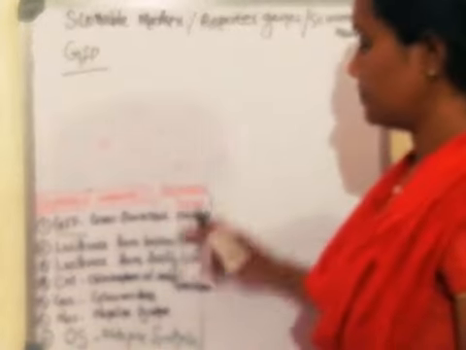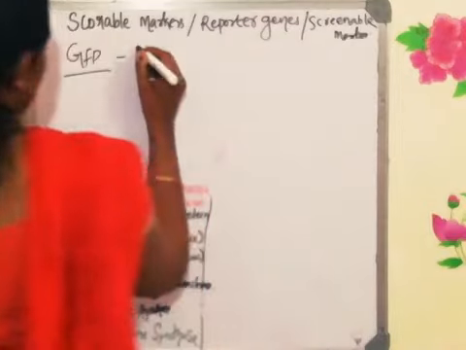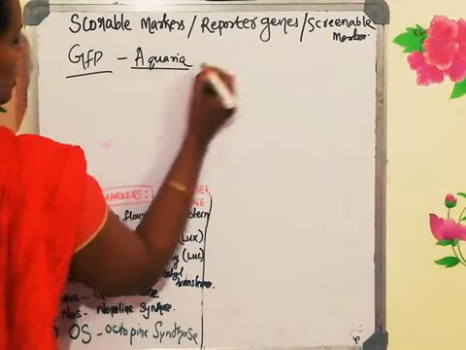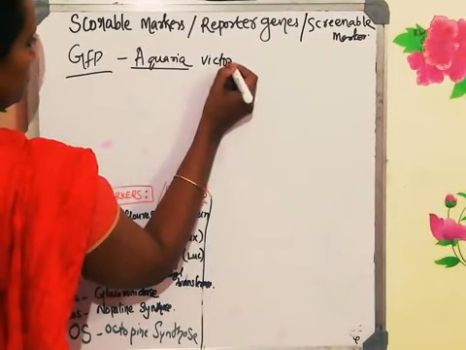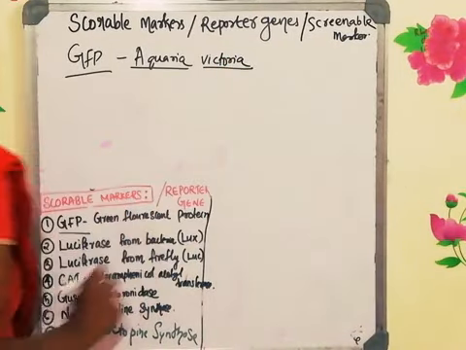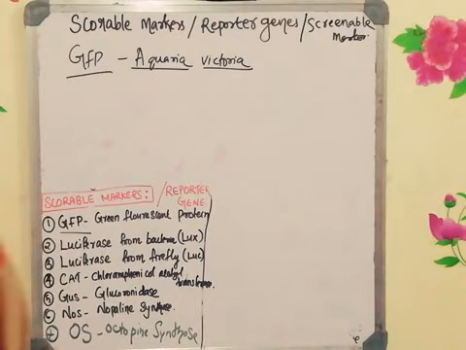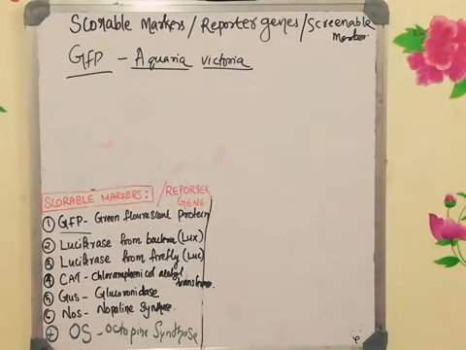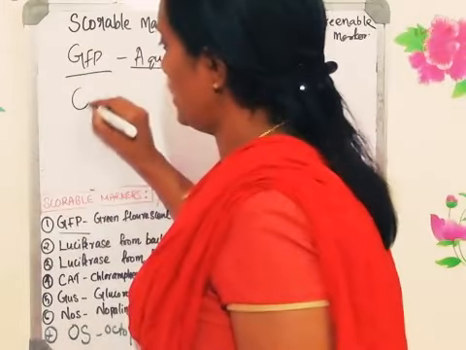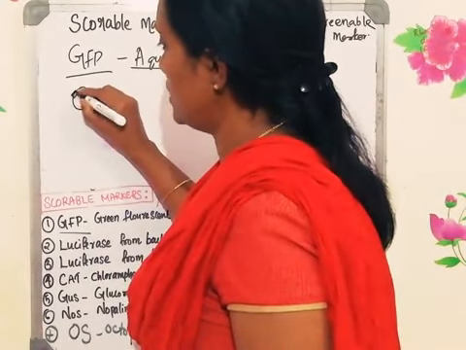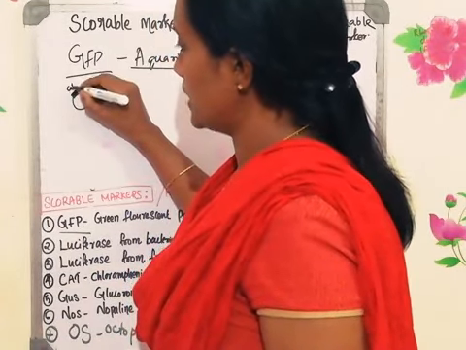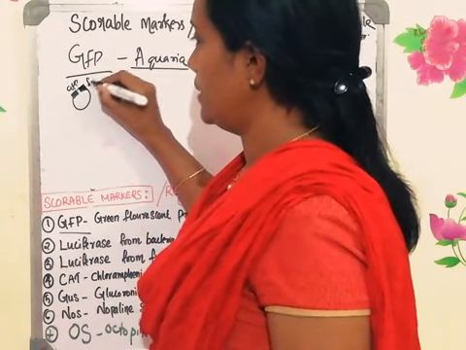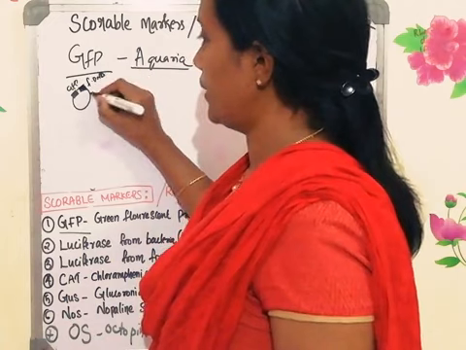Green fluorescent protein is isolated from the jellyfish Aequorea victoria. Once you introduce this GFP along with the foreign DNA, you use GFP as a scorable marker, and along with that you introduce the foreign DNA.